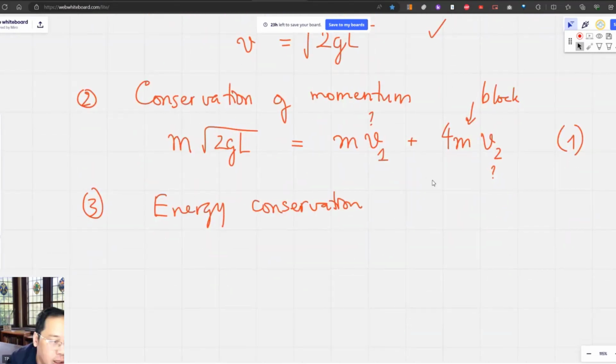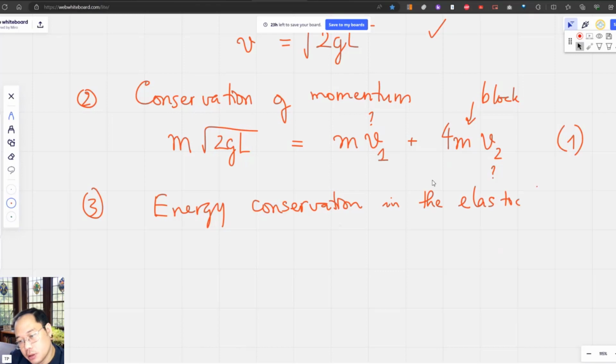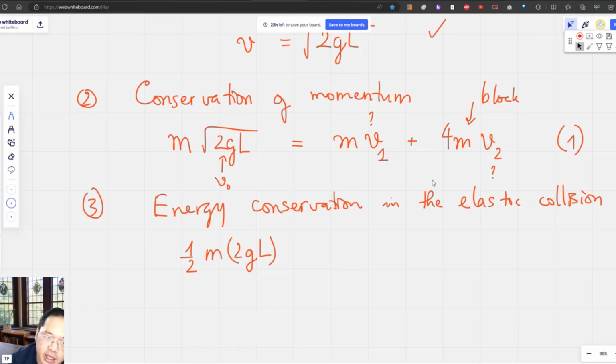Kinetic energy in this elastic collision is the same: 1/2 m times v squared. This v we can also call v0, before the collision. v0 squared is 2gL, because we squared it, and therefore there is no more square root.